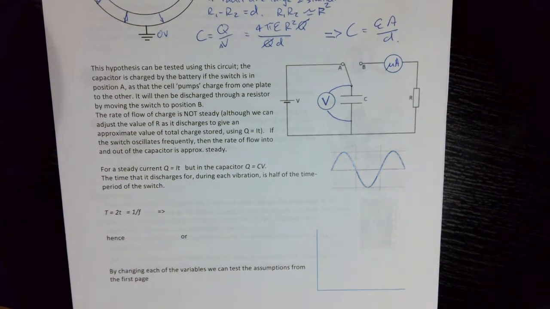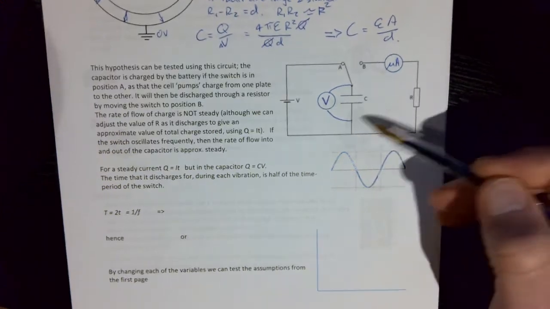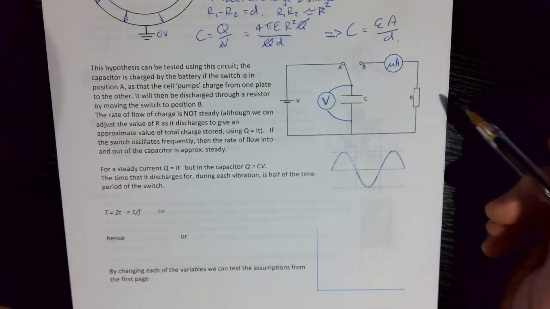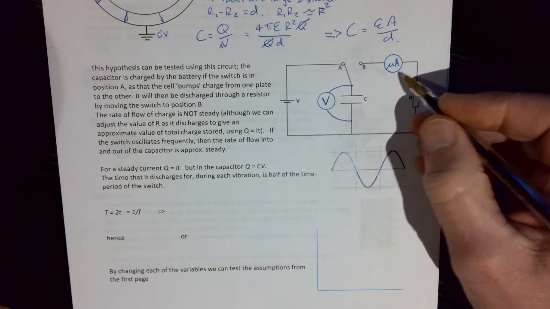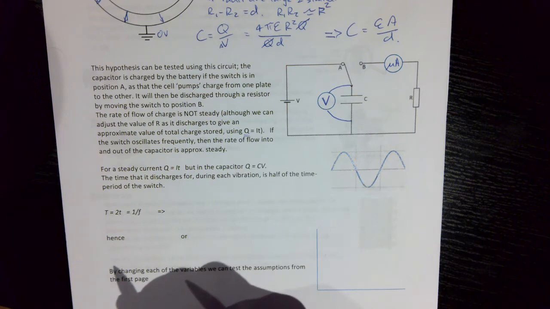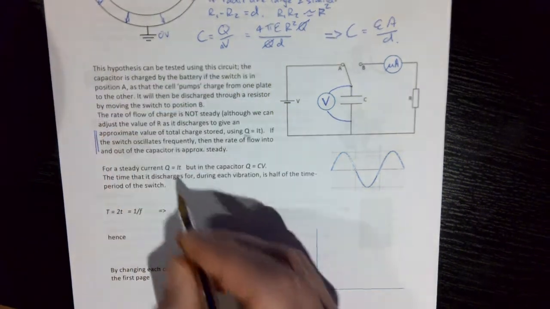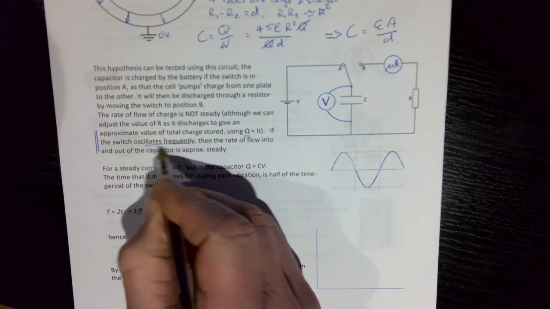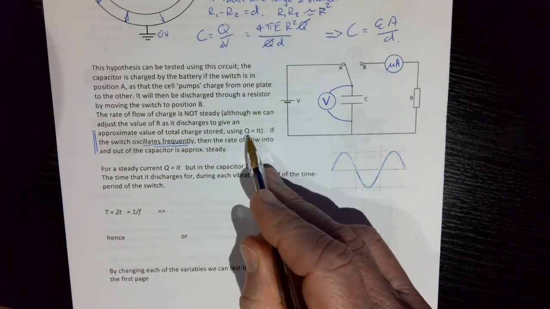Okay, so that's our basic setup. We're measuring what's escaping, and we're going to measure how hard it's being pushed effectively. Now, of course, rate of flow of charge is current. So if we measure the current, we can actually get back to the charge. If it oscillates frequently, then we can take that as a fairly standard, nice, steady flow per second.